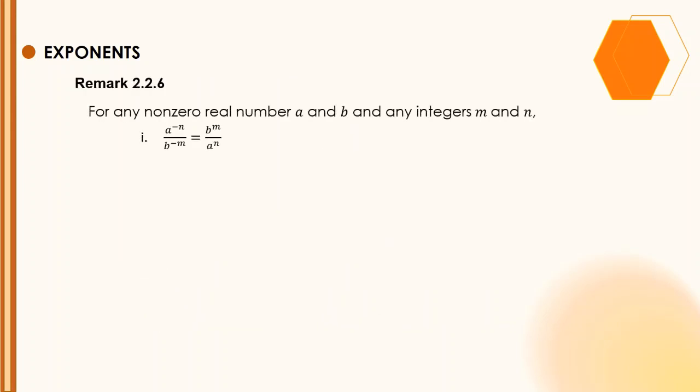Remark 2.2.6. For any non-zero real number a and b and any integers m and n, a to the power of negative n over b to the power of negative m is equal to b to the power of m over a to the power of n.